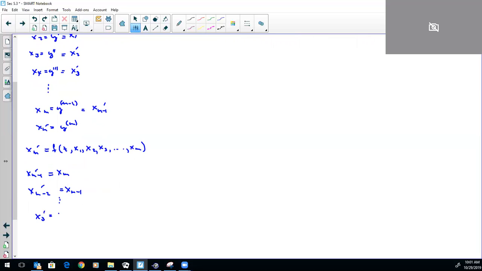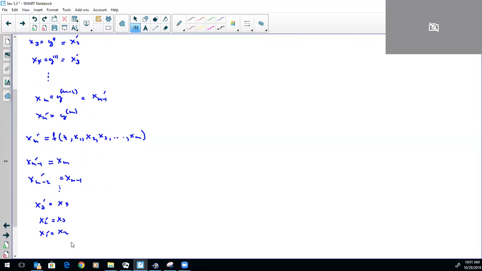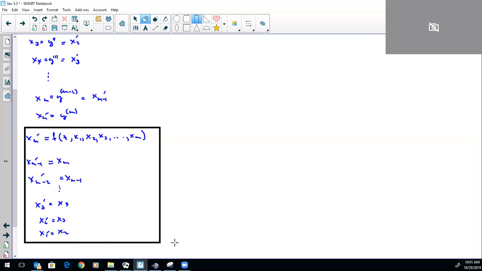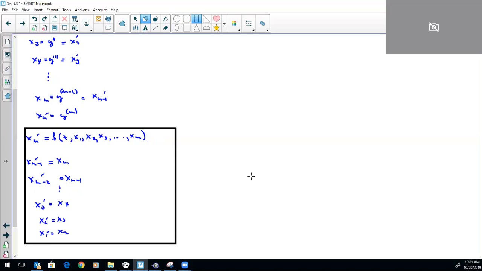The derivative of x3 is x4. x2 prime is x3, and x1 prime is x2. So this is what we call normal form.